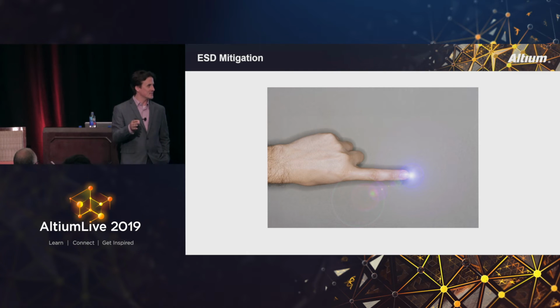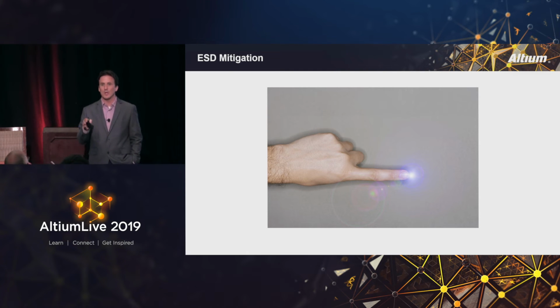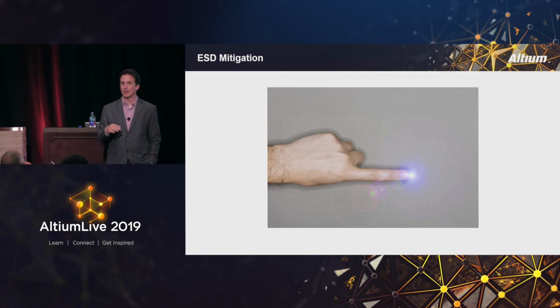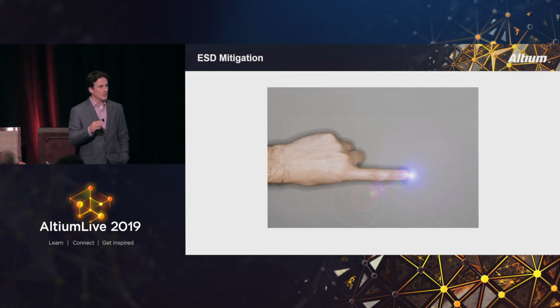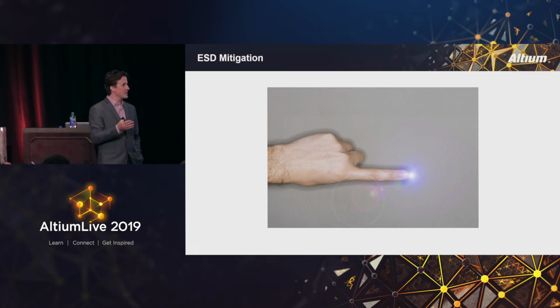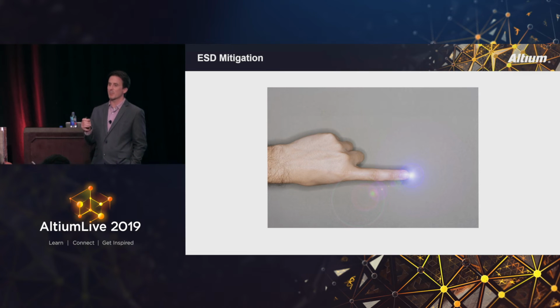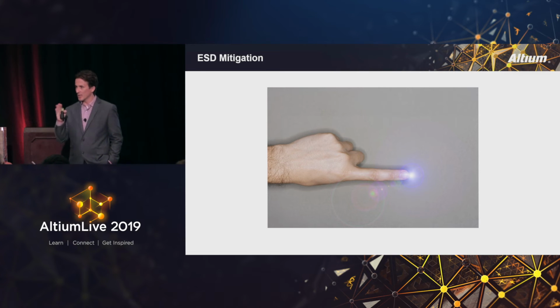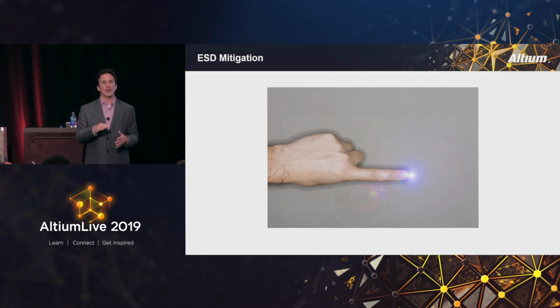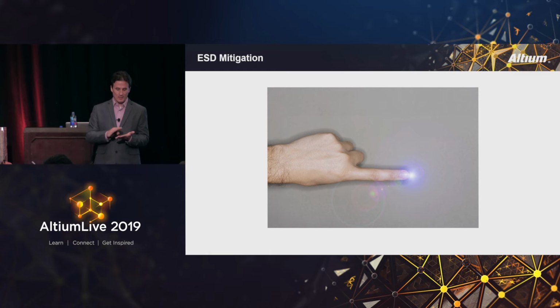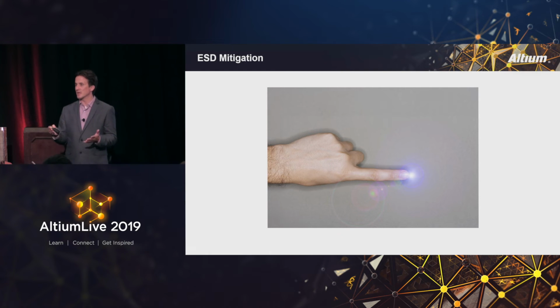Otherwise, if you have a safety ground available to you, you want to be dumping your ESD currents into that safety ground. But on a portable device, putting an ESD diode on an exposed pin does not protect you. Okay, you need to think about where that current is going, and on a portable device, like I said, it's going to capacitively couple back to the ground, so you need to think about that.